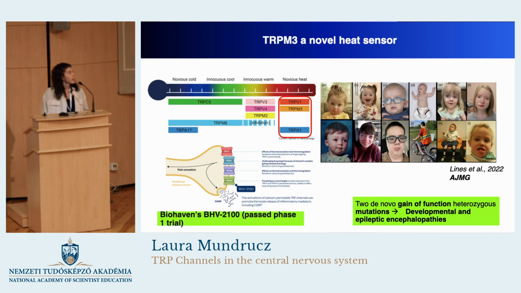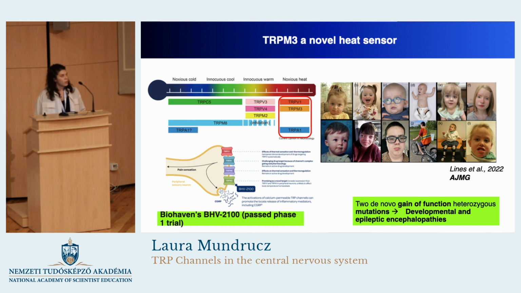A little bit in detail concerning what we had known prior to our experiments and what we know now. With respect to TRPM3, it was first discovered as a noxious heat sensor besides the other members of the family, TRPV1 and TRPA1. Once again, this is a well-understood role of the channel, and there's already a compound used by Biohaven that aims at helping people with chronic pain sensation, especially in association with migraines.